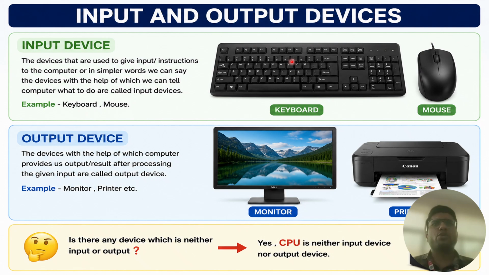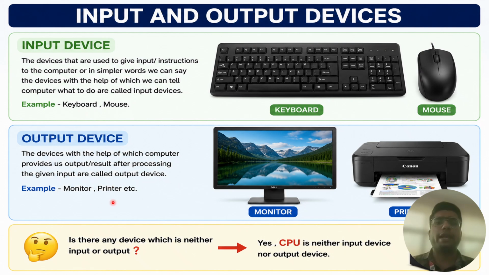Students, devices connected to computer are mainly divided into two categories, input device and output device. What are input devices? The devices that are used to give input or instruction to the computer, or in simpler words, the devices with the help of which we can tell the computer what to do are called input devices. Example, keyboard and mouse. Next, output device. The devices with help of which computer provides us output or result after processing the given input are called output devices.